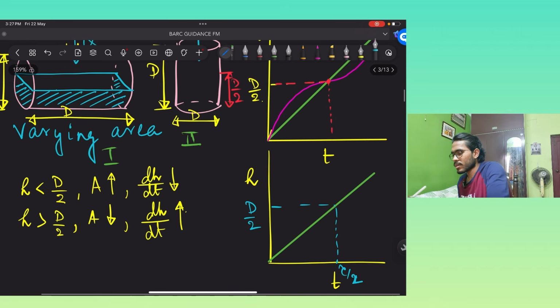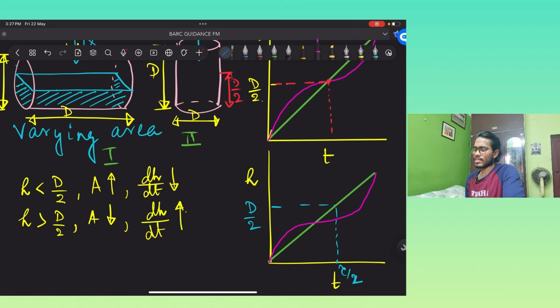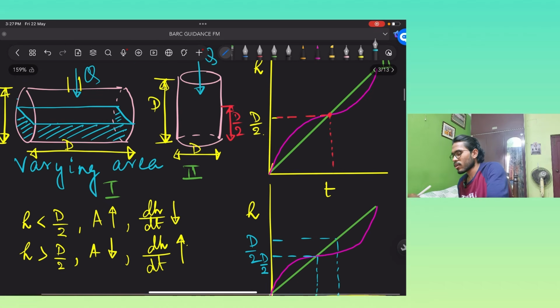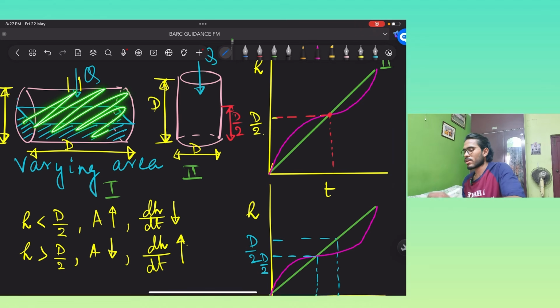But now you see that this can be the case, and this can also be the d by 2, and this can be your tau d by 2 for this varying case.